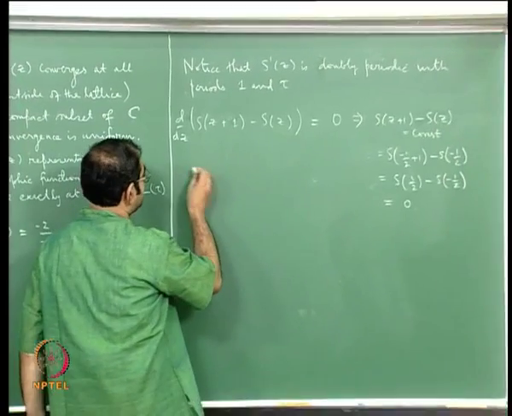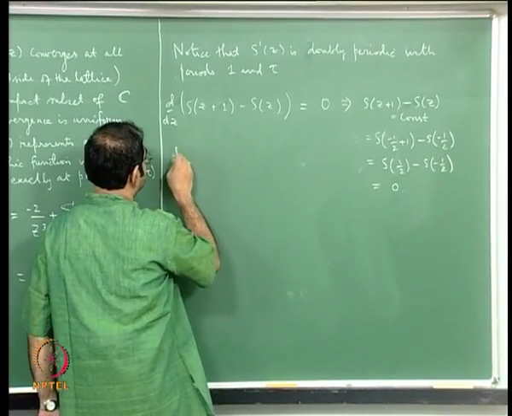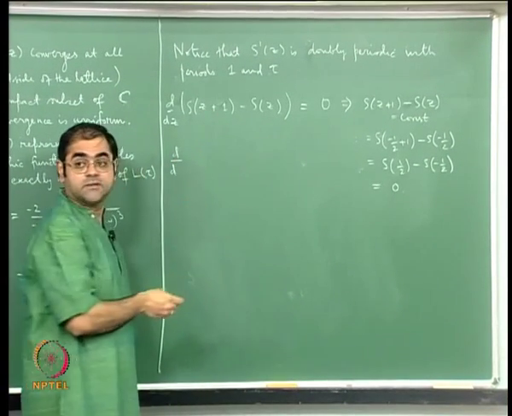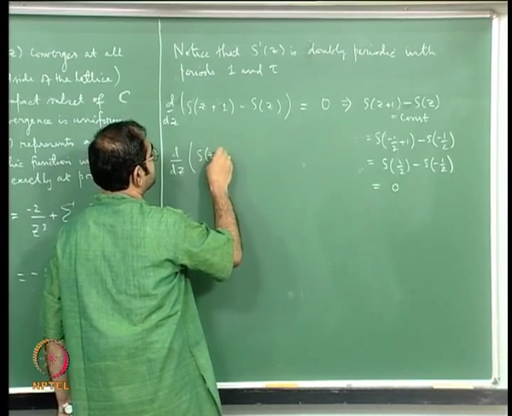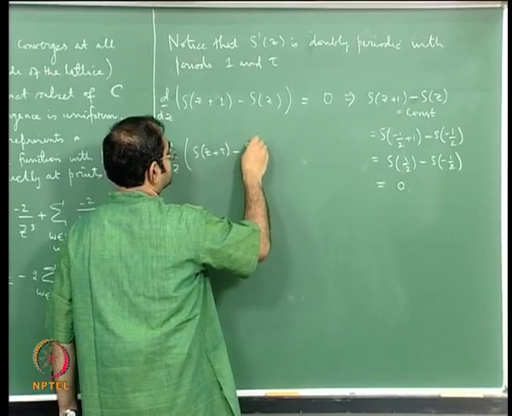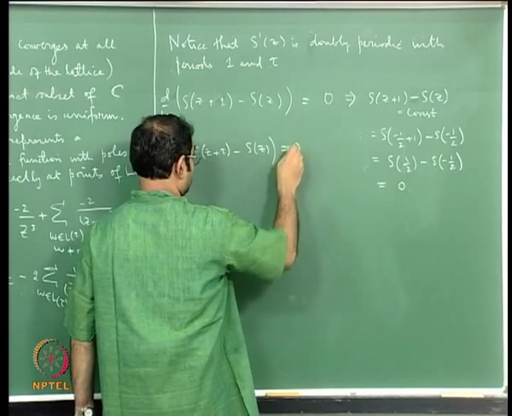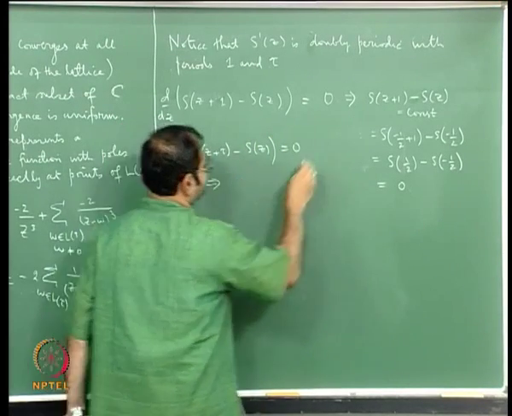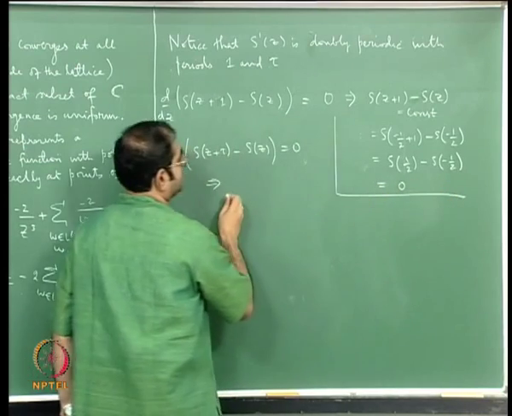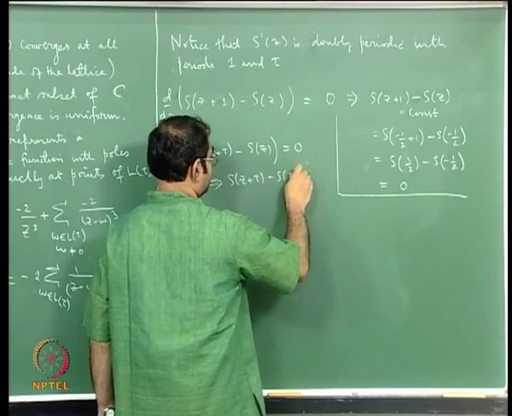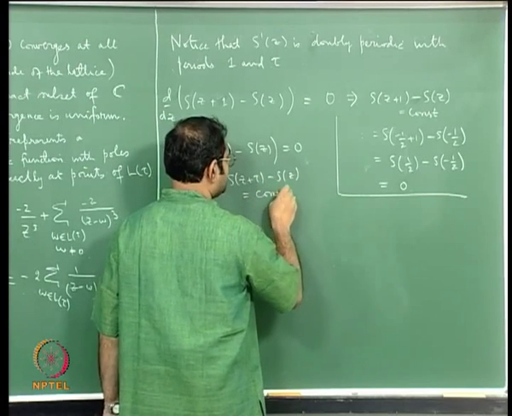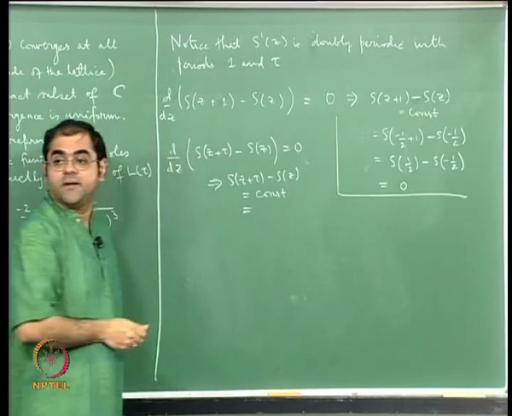The same kind of argument will show you that S has also tau as a period, because d by dz of S of z plus tau minus S of z will be 0, and that will imply that S of z plus tau minus S of z is a constant, and now I can plug in minus tau by 2.